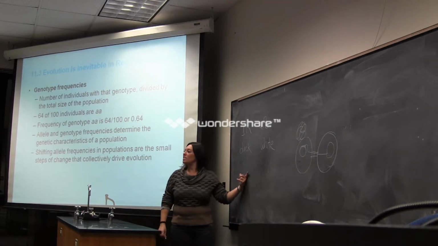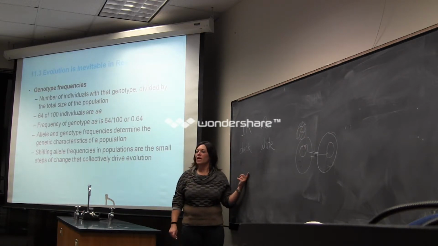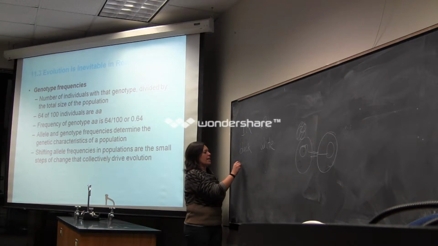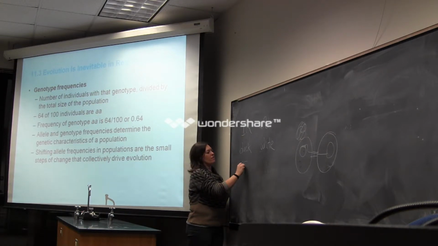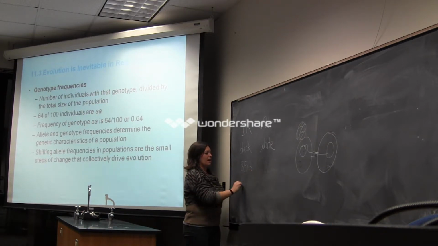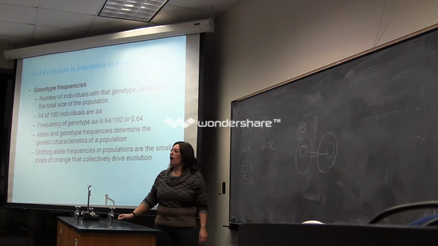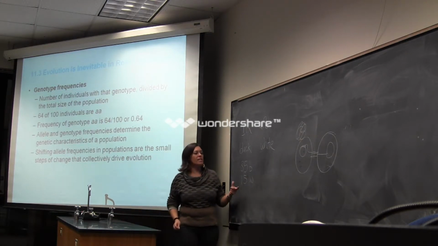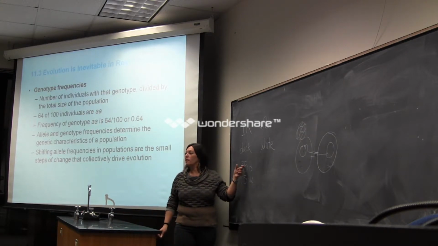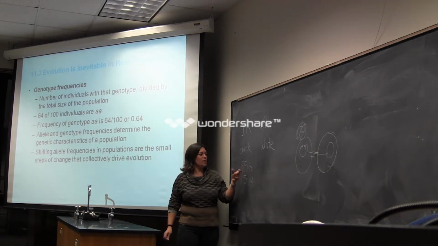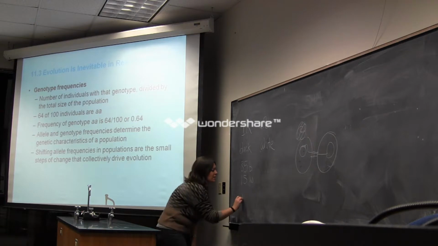So in times of the Industrial Revolution, and I'm just going to make this up, let's just say that 85 of them were black and 15 of them were white. So the frequency of the black is going to be, what's 85 times 2? 170. 170 out of 200.